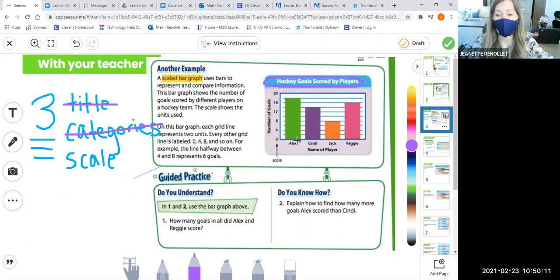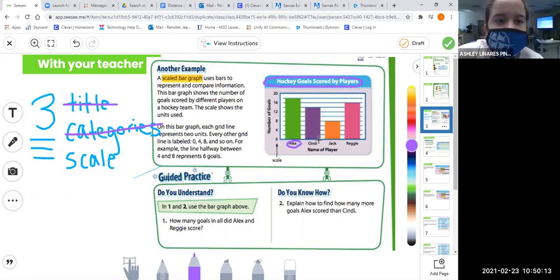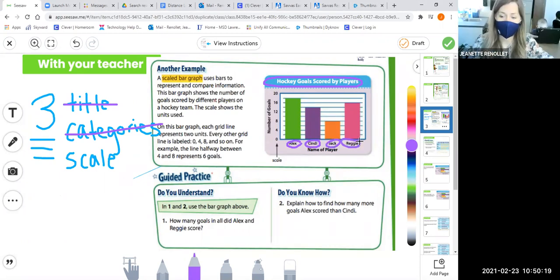I notice the categories are Alex, Cindy, Jack, and Reggie. So we are going to learn about Alex, Cindy, Jack, and Reggie and how many hockey goals they scored. That's what this data is going to be about.